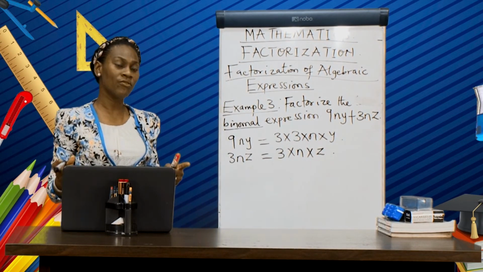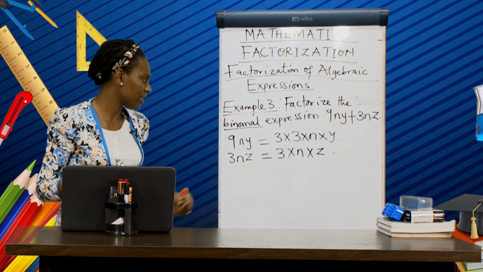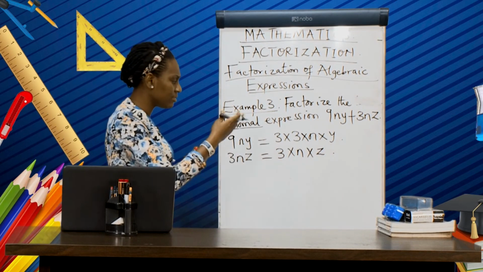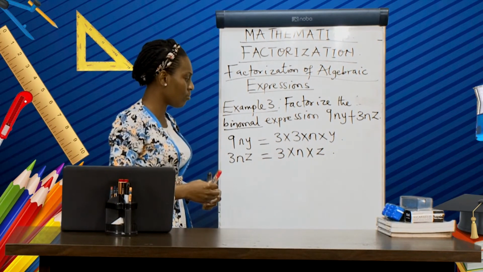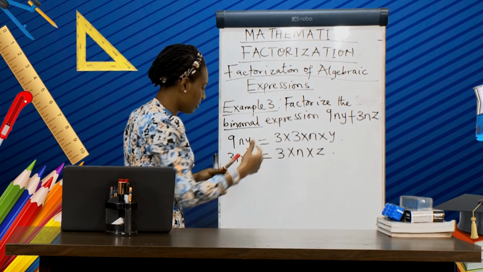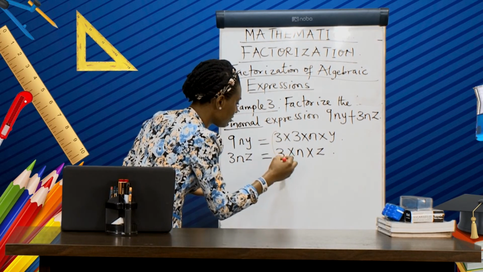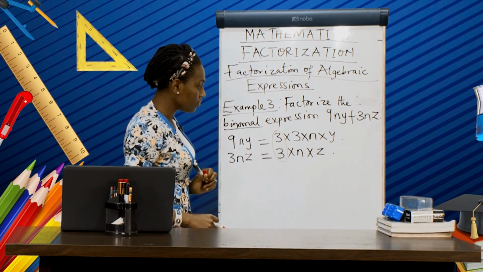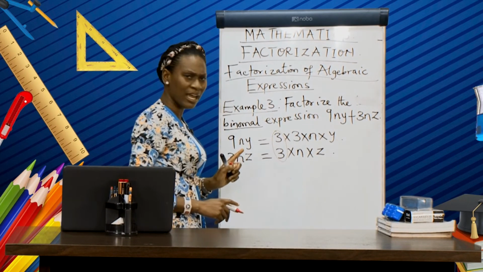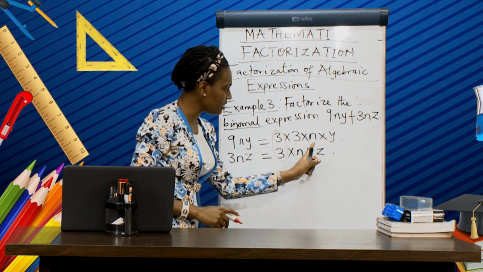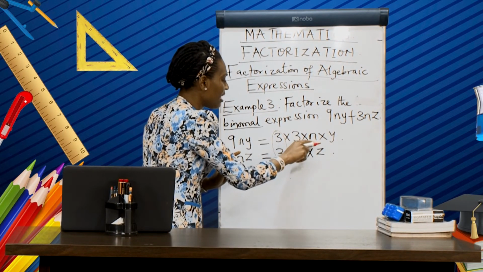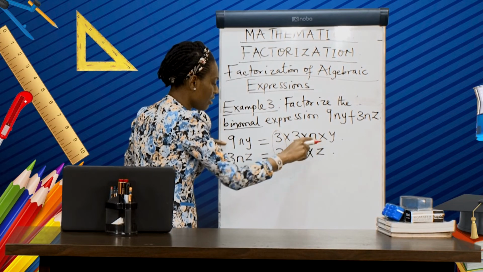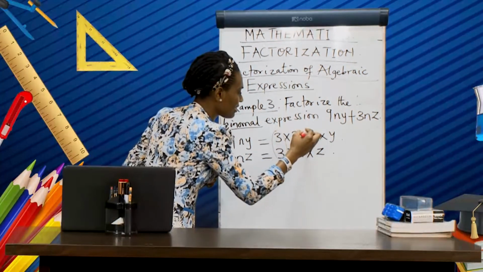So we need to look for the common factors. Let's check and circle out the common factors. Here we can see that 3 is common to the two terms. If you look closely also, you see that something else is common, which is the n. You have n as a factor in this term, and you also have n as another factor.